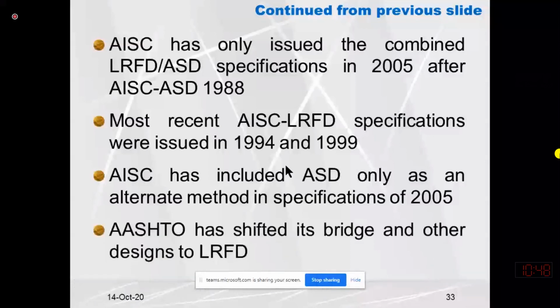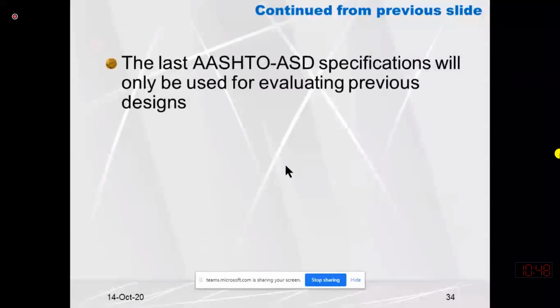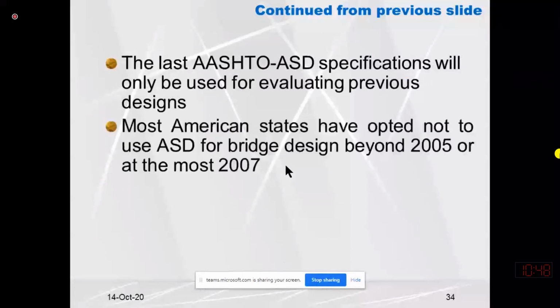The latest ASD specification will only be used for evaluating previous designs. So for evaluation purposes, we can use ASD, but for new design, we have to use LRFD. Most American states have opted not to use ASD for bridge design after 2005.